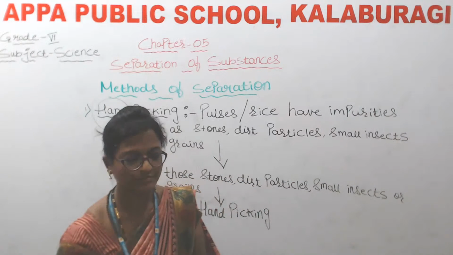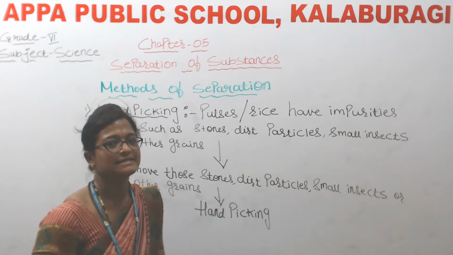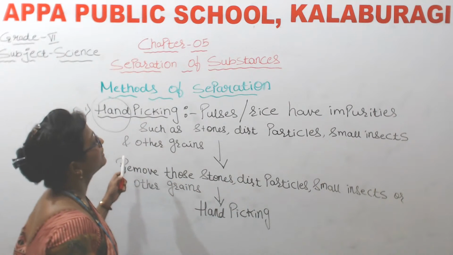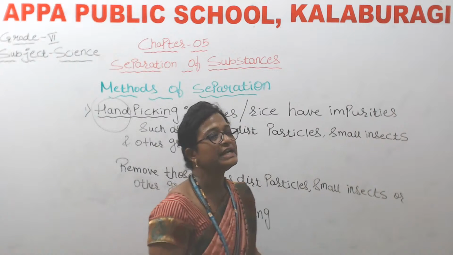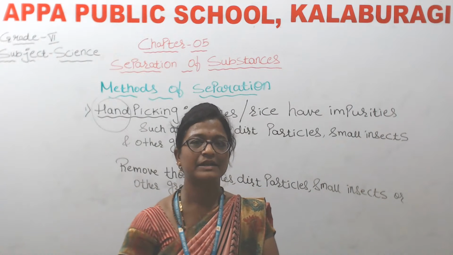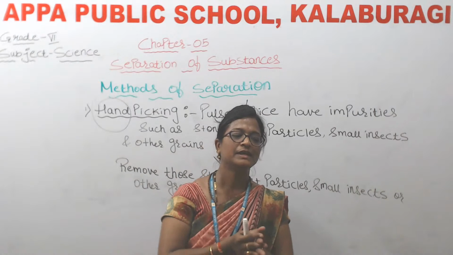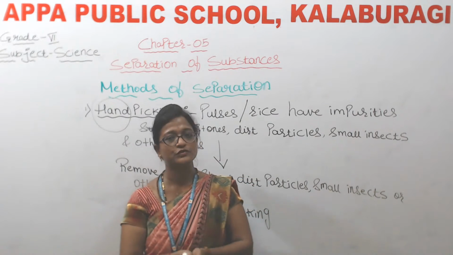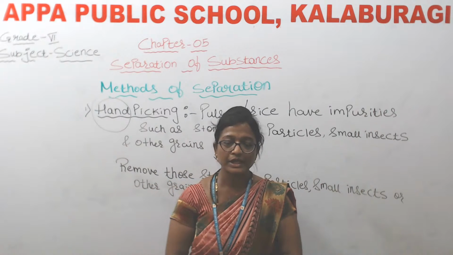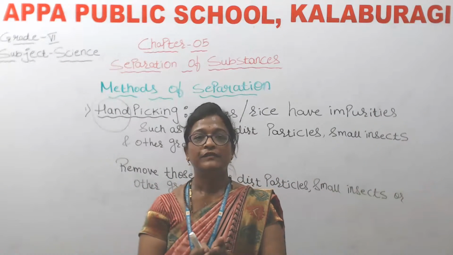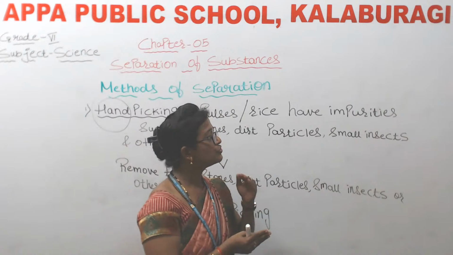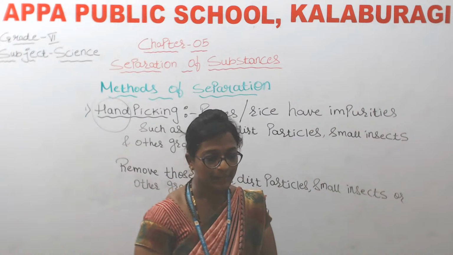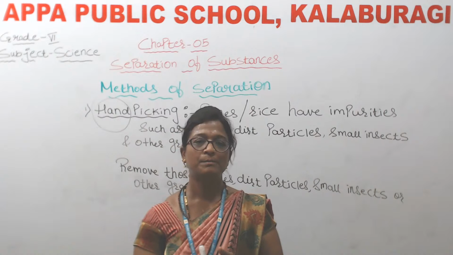So coming back to hand picking. As I said, there will be many impurities present in the grains or pulses which we bring from the market. Those grains or pulses we use for cooking. But before cooking, what will we do? We will remove those impurities which are present in those grains or pulses.